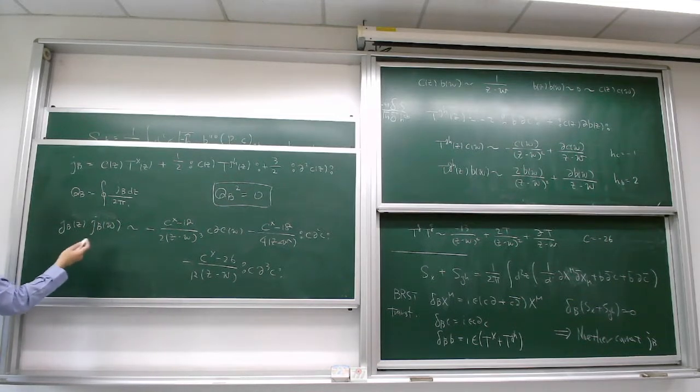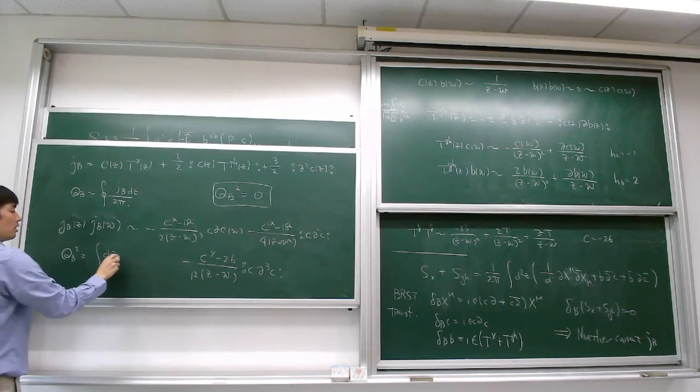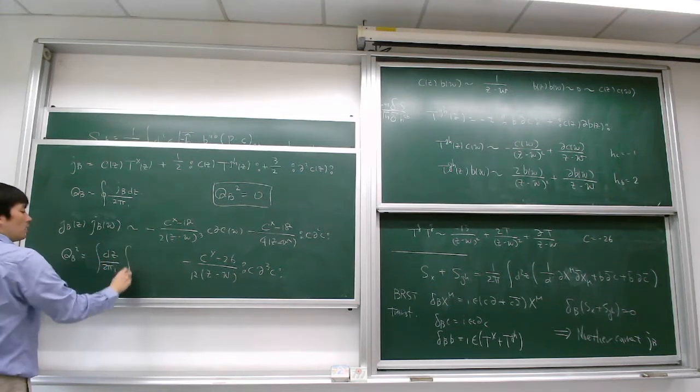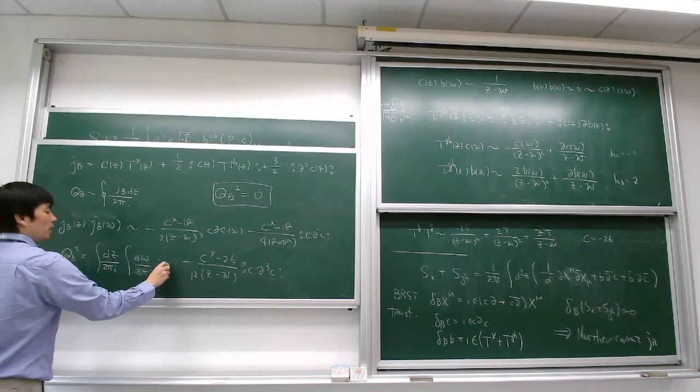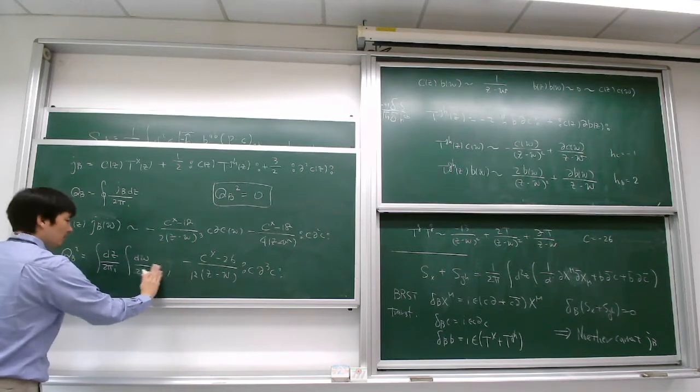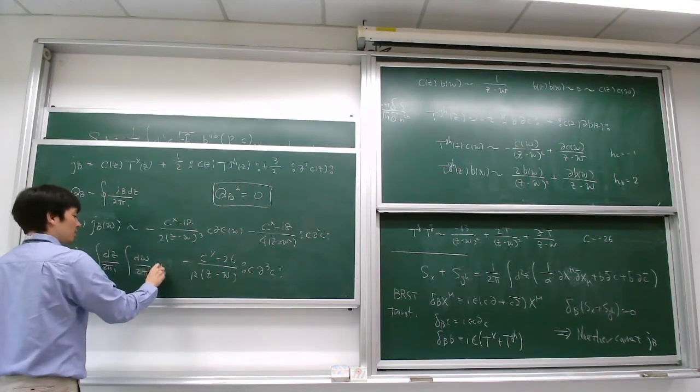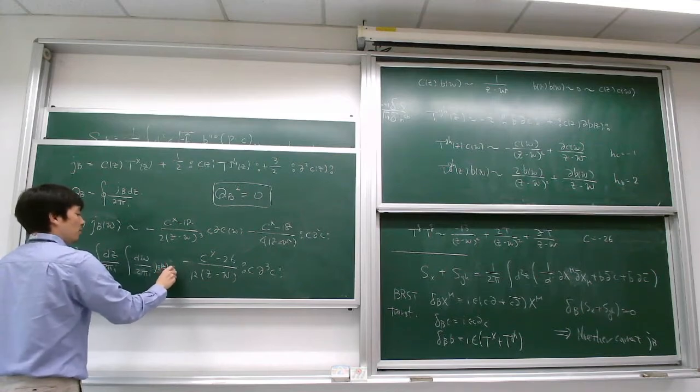So just do Q_B squared, which can be obtained by dz over 2 pi i and dw over 2 pi i of jB(z) and jB(w).